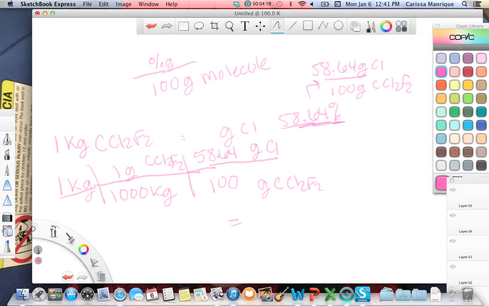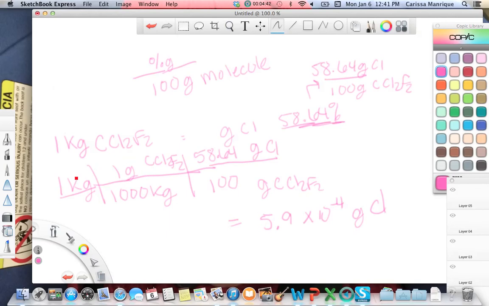Okay? So if we do that on the calculator, we should get about, let's say 5.9 times 10 to the negative 4 grams of chlorine. Why is this number so small? Because we started with kilograms and we're going to grams, okay? But that's how you do it. So you see how this is a lot easier?